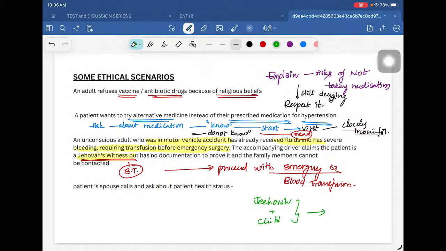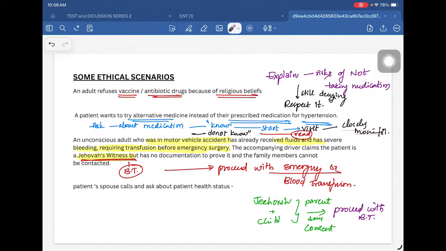Even though the parents deny it, you're going to involve the ethics committee and proceed with the blood transfusion if it is needed. But if it is an adult who themselves doesn't want blood transfusion, you cannot do it. But here it is an emergency and you don't have any proof saying the patient doesn't want blood transfusion, that is why you're giving the blood transfusion and doing the surgery.